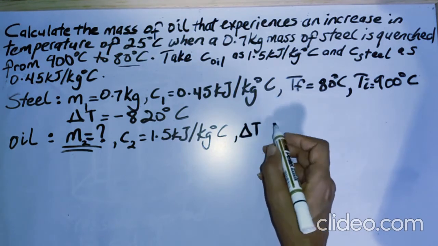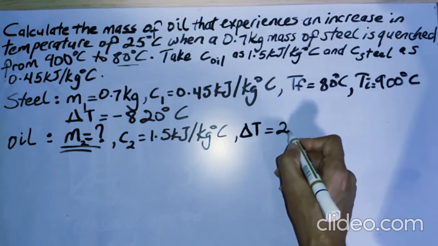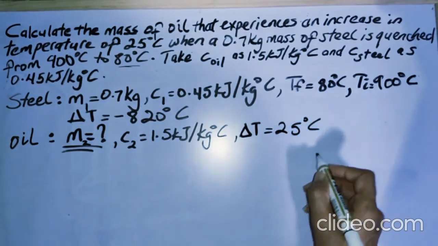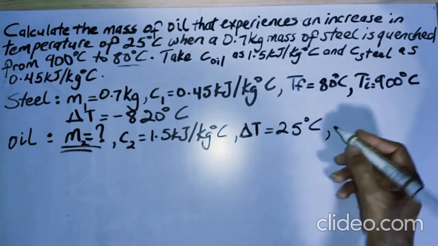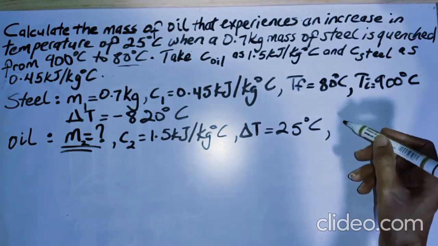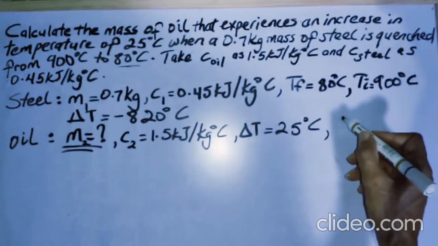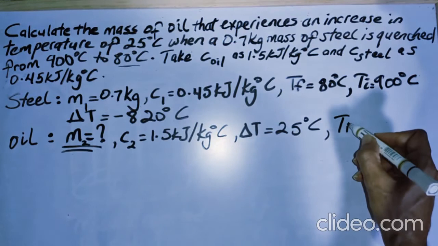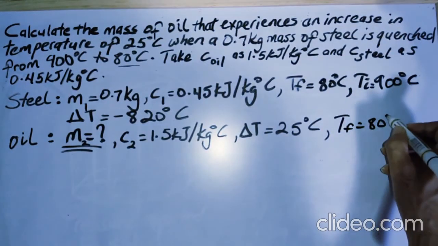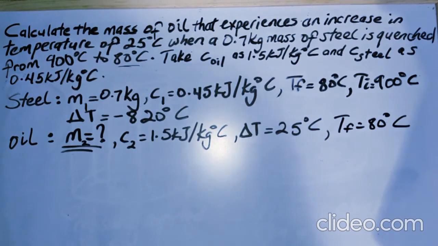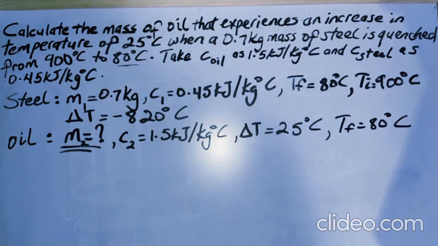The temperature change is 25 degrees Celsius. We know that thermal equilibrium will be reached, and as such the final temperature of the oil will be the final temperature of the steel.